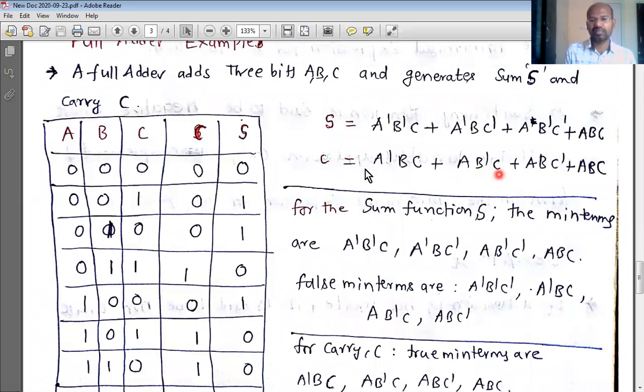So this is the expression required for carry. If you want to realize a circuit for carry, then you have to build the circuit according to this expression.